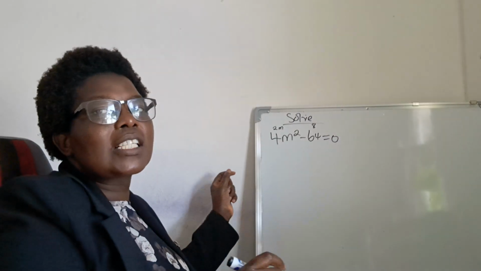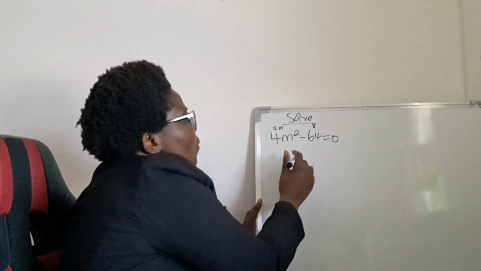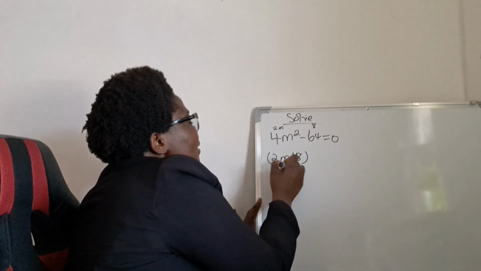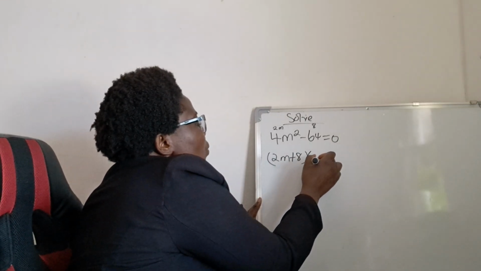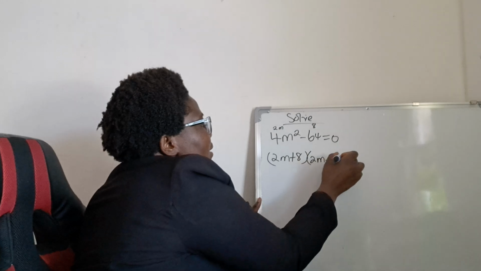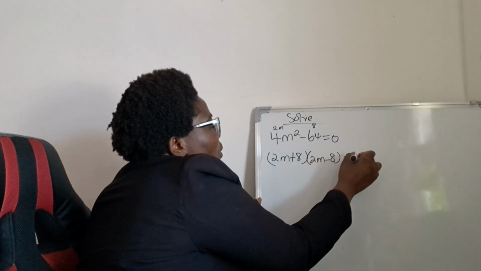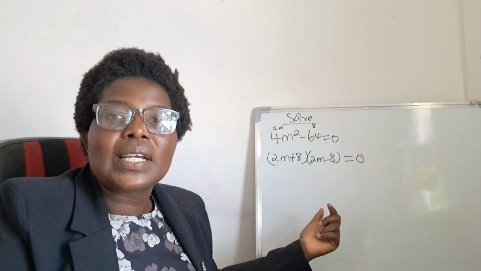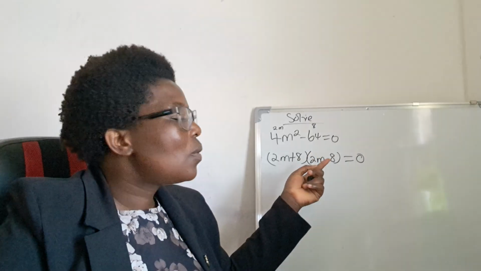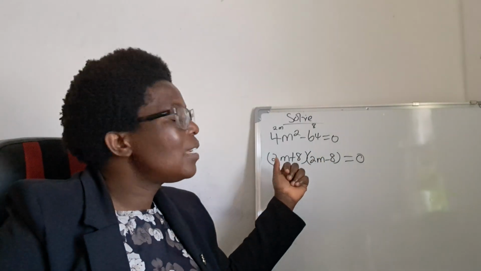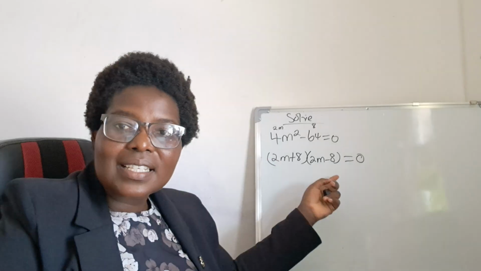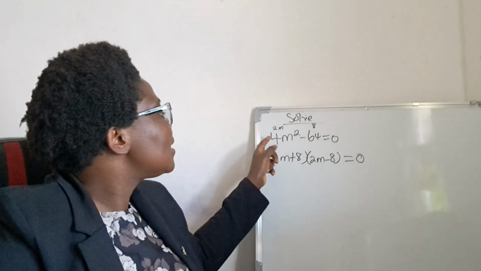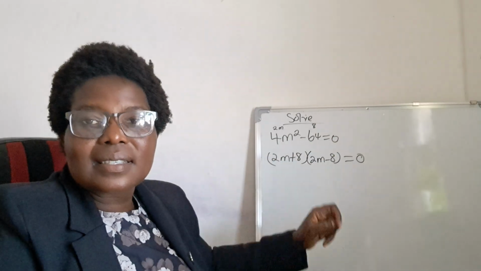So in short, the factorised expression will be 2m plus 8 times 2m minus 8, and that should be equal to 0. If you don't agree with me, just expand this. You see that you get exactly the same expression, that is 4m squared minus 64.